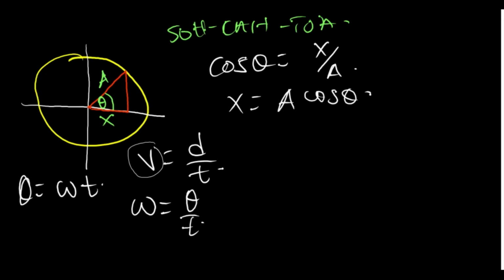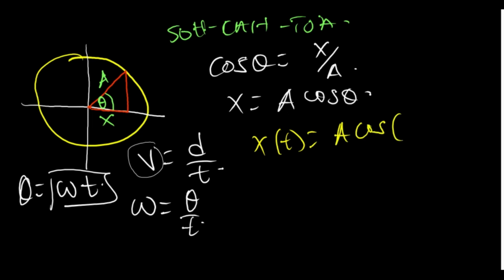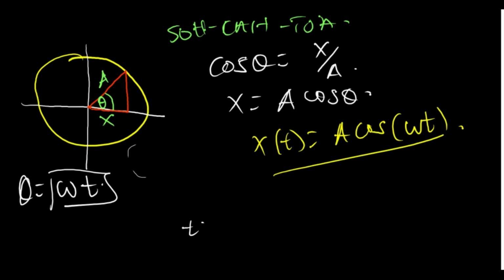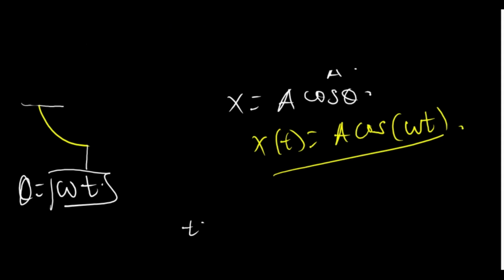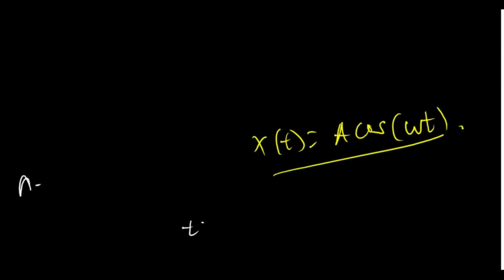So I want us to plug in this value where there is theta. We're going to find that x as a function of time is given by this, where there is theta, I put this. So this happens to be our formula for finding the displacement as a function of time. Let me first create space here.